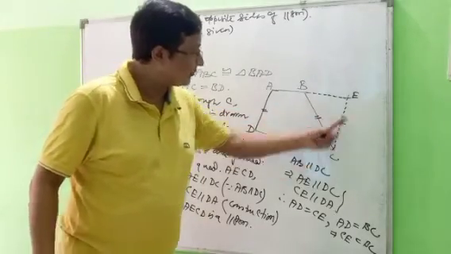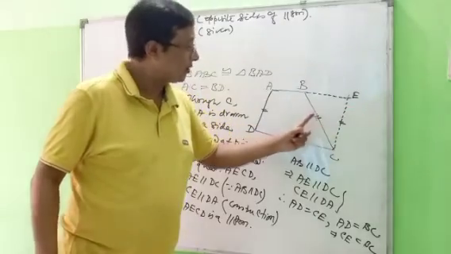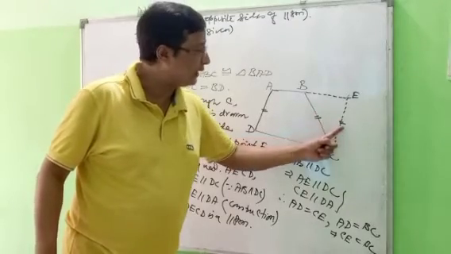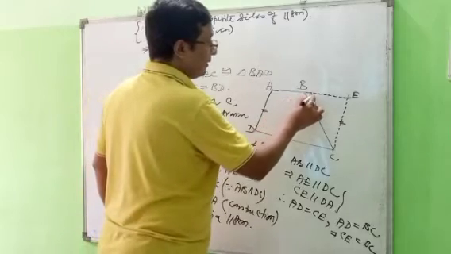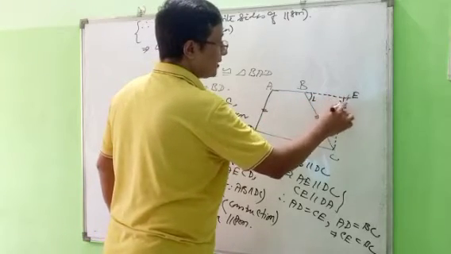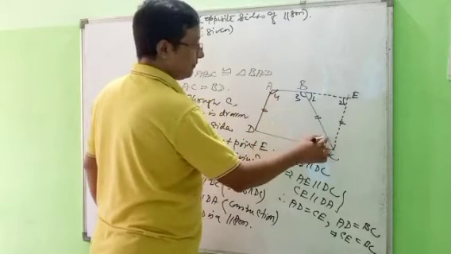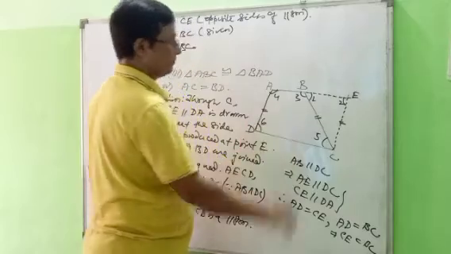Now here you see CE equals BC, so this is a triangle. From the theorem, if two sides are equal, then their opposite angles are also equal. So take angle 1, angle 2, this is 3, let us give 4, this is 5, and let it be 6.